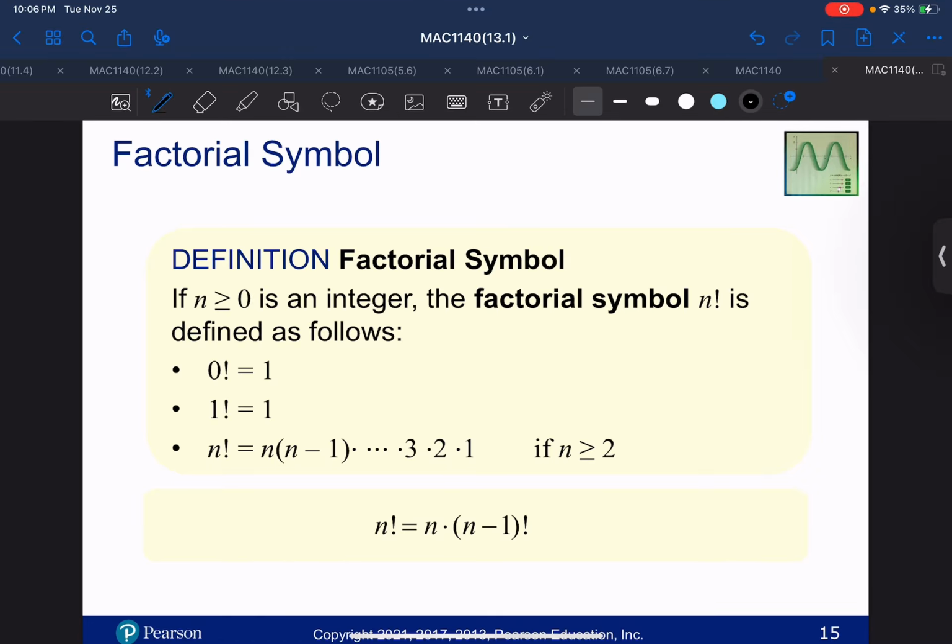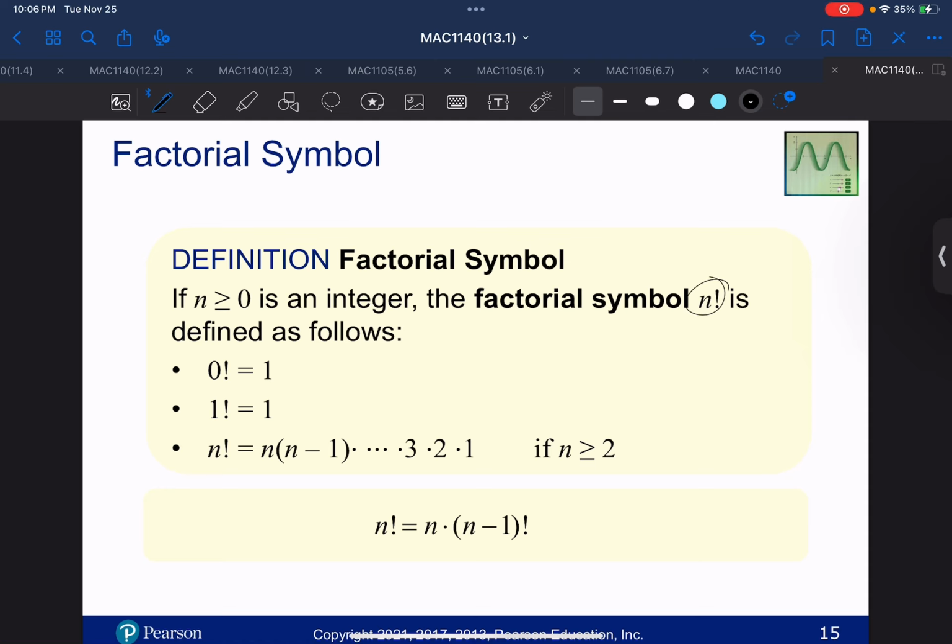All right, so I have to introduce this factorial symbol because some of these sequences and series come with a formula that we need to follow that will have the factorial symbol in it. So if n is greater than or equal to 0, and it's an integer, then the factorial symbol, which is written like this, n factorial, and that's how we say that.